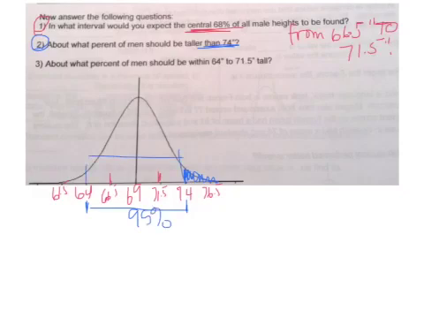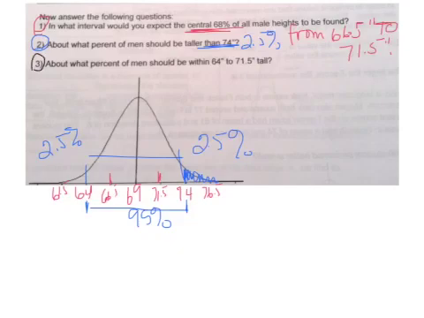Well, if that's 95% in the middle, then there's 5% left over. So that would be 2.5% down here, and that would be 2.5% up here as well. So about what percent of men should be taller than 74 inches? Well, 2.5%. 2.5% should be taller than 74 inches.